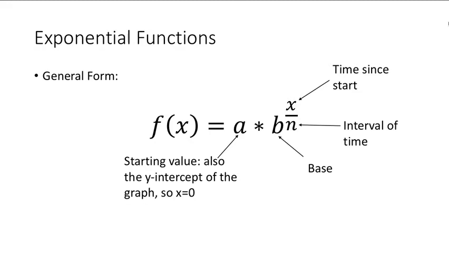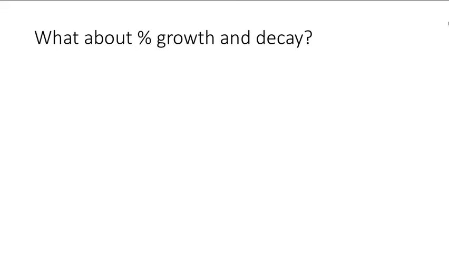As the decay factor. We also have another type of function we can use, and it's really the same function, but the general format looks just a little bit different. That's going to be if we have a percent growth or decay, which is going to happen a lot more often in the types of functions you might see, whether that's in pre-calculus next year, in AP statistics, or even in financial literacy.